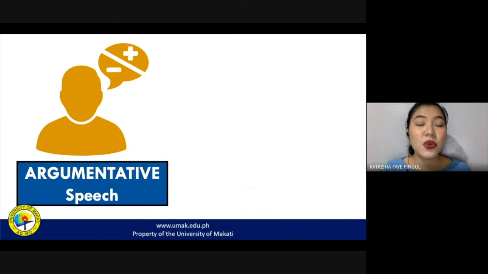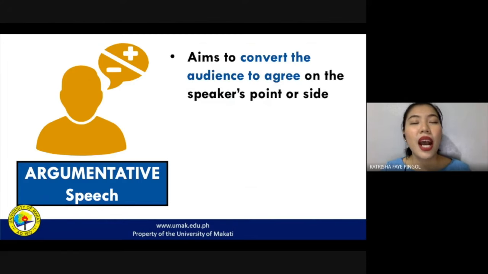The third one is what we call an argumentative speech. So basically, in an argumentative speech, you are trying to argue, trying to debate about something. Okay, now argumentative speeches are very essential because more often than not, the goal, the intention is to convert the audience to agree about your point or your side, to side with you about this issue, about this particular topic.